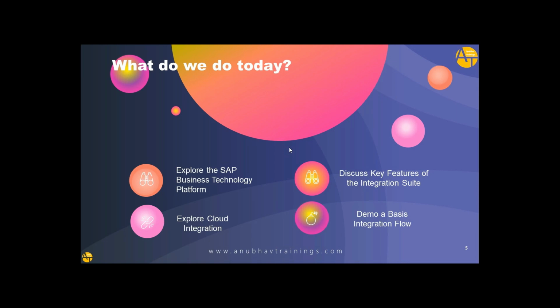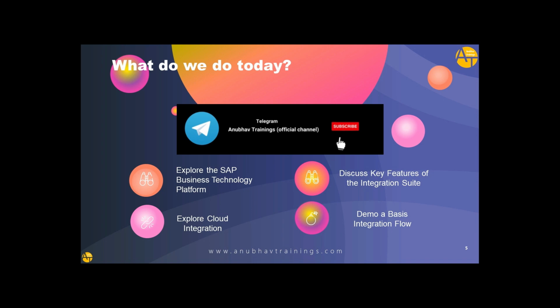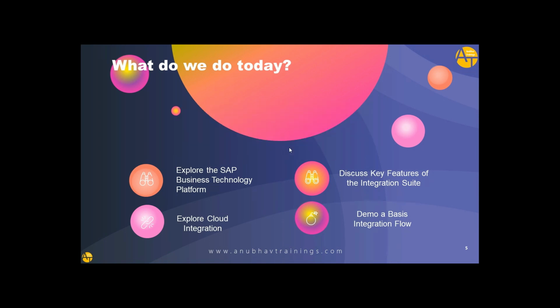Now, let's go again with what is this BTP. Right, now I am giving you one option. Suppose you have to create one application. For that, what are the things you need?